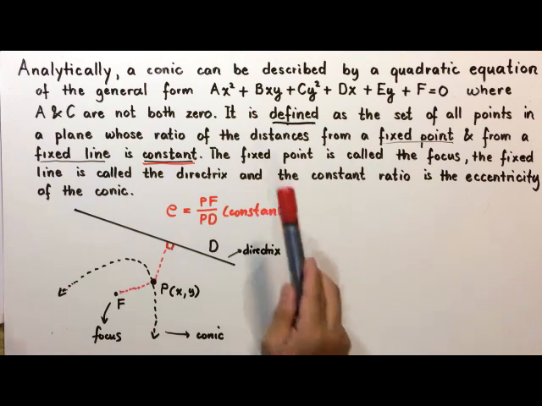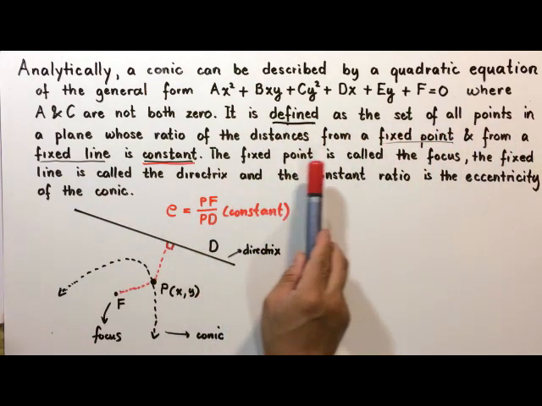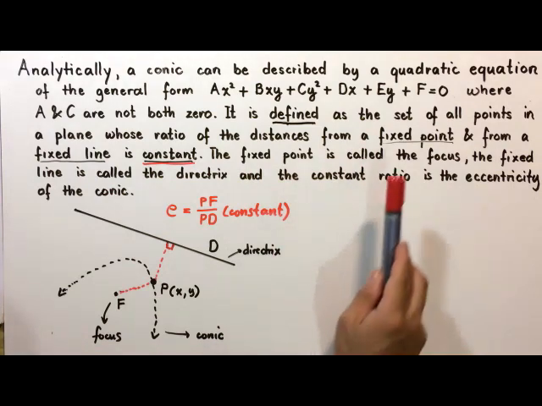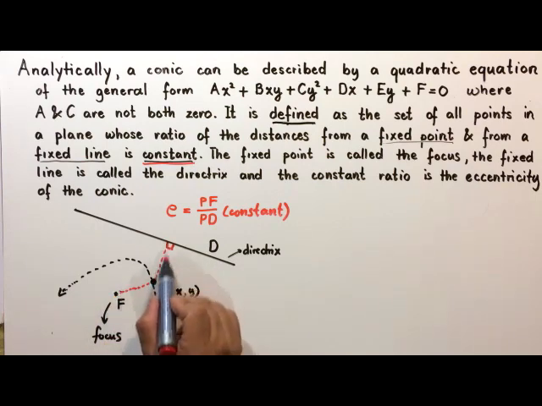So may I repeat? A conic is defined as the set of all points in a plane whose ratio of the distances from a fixed point and from a fixed line is constant. The distance of a point from the fixed point, called the focus, divided by the distance of this point from the directrix, a fixed line, the ratio is what we call the eccentricity of the conic.